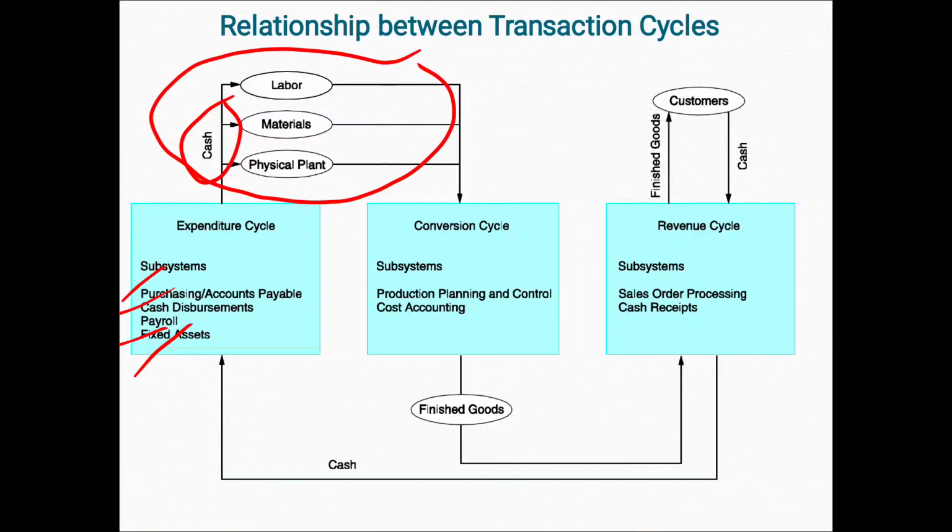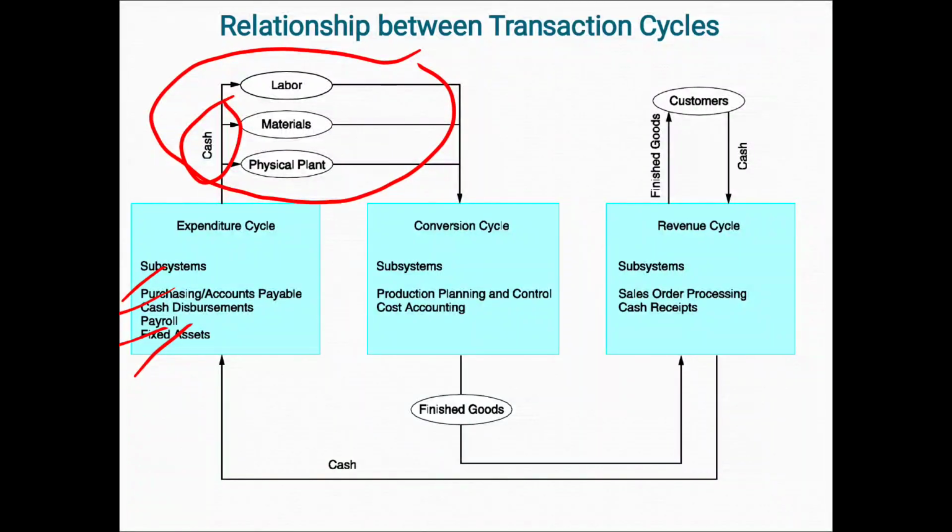Examples of fixed assets include, kung maalala ninyo, land, buildings, furniture, machinery, mga motor vehicles, and many more. So, yan yung under sa expenditure cycle natin. We have the purchases accounts payable system, the cash disbursement system, the payroll system, and lastly, the fixed asset system.